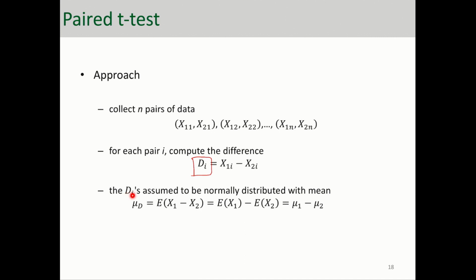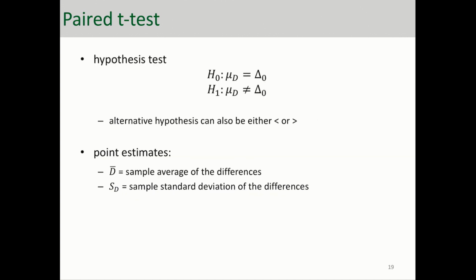And then d sub i is assumed to be normally distributed with a mean which is essentially the mean of 1 minus the mean of 2, the average of before minus the average of after. Then we formulate our hypothesis test on mu of d, the mean of differences.